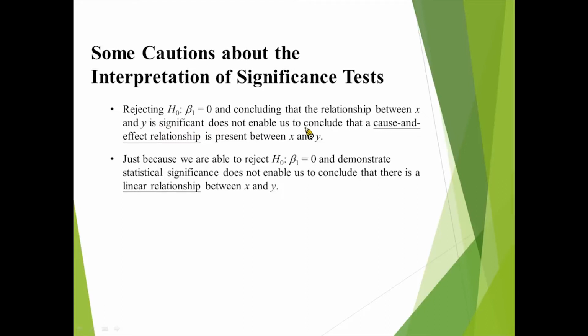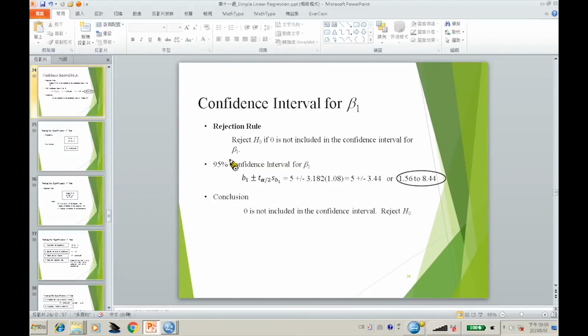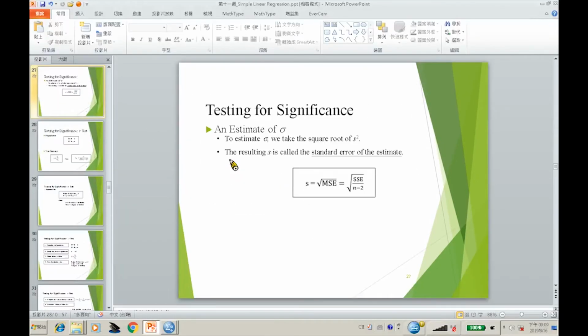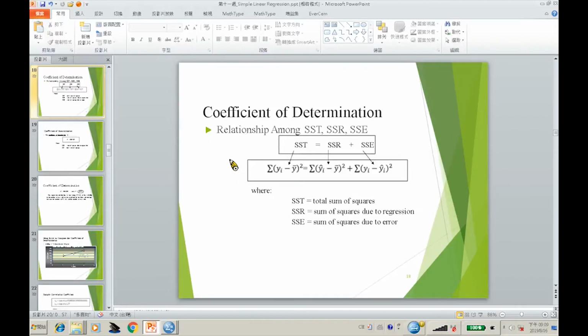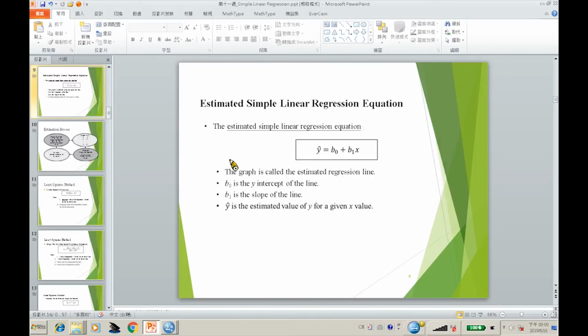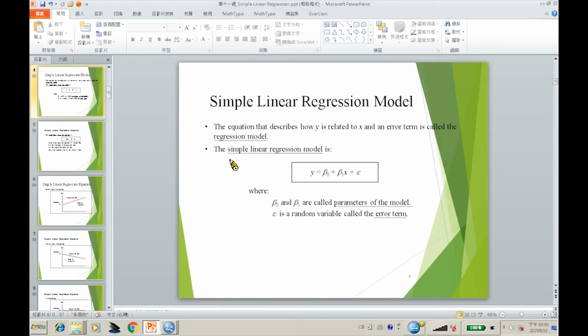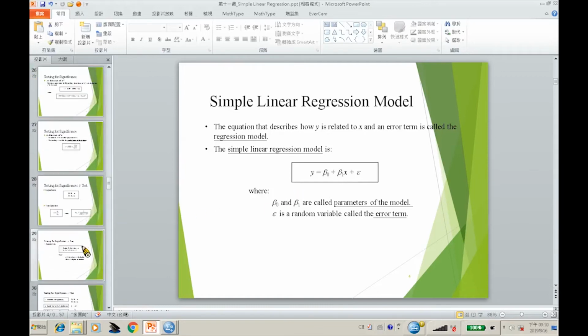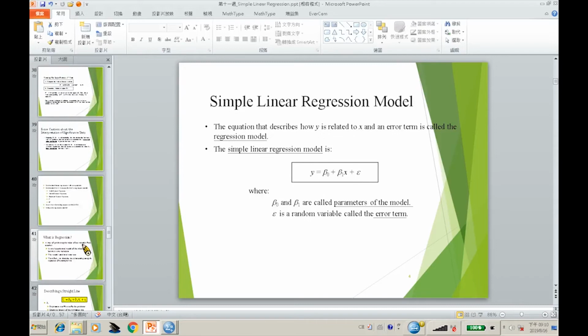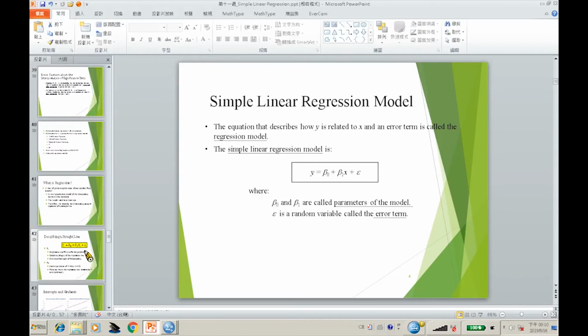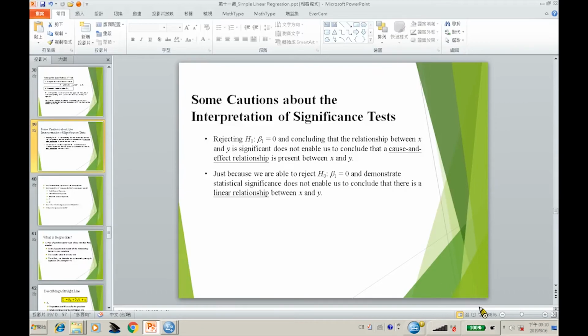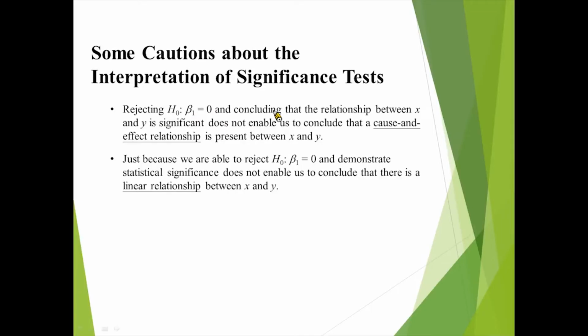But this doesn't enable us to conclude that a cause and effect relationship is present between X and Y. You can see the formula for beta 1 in the regression: if beta 1 is 0, we don't have the independent variable, so changing it doesn't influence the dependent variable.